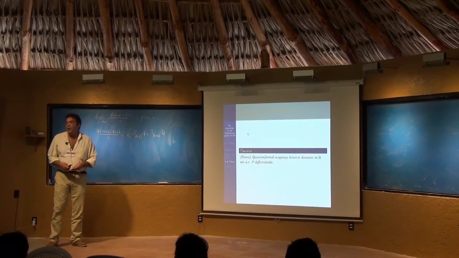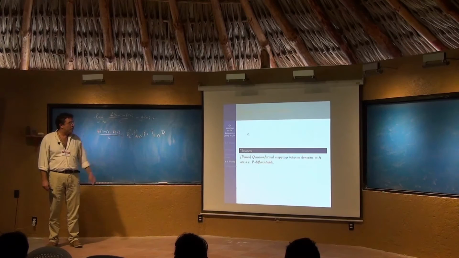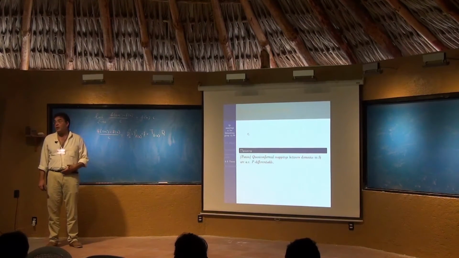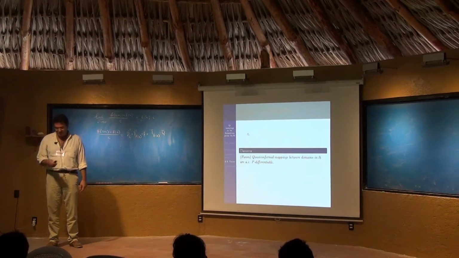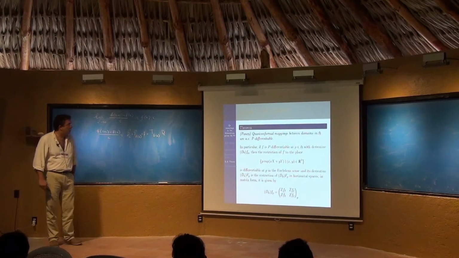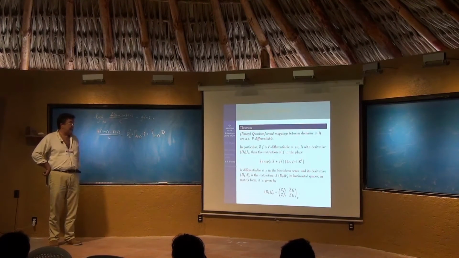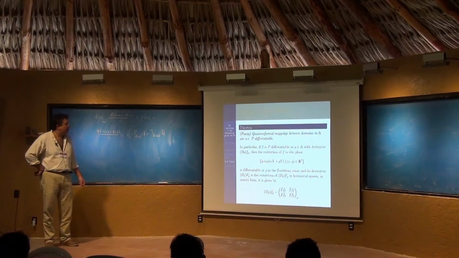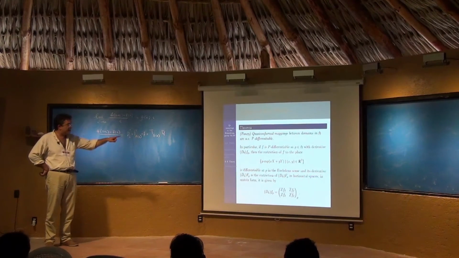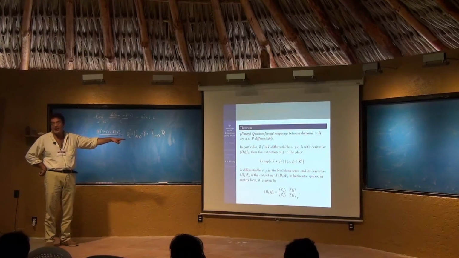Okay, and now you have the theorem due to Pansu. Quasi-conformal mappings between domains in H are almost everywhere P-differentiable. Starting from the metric definition, you get to this theorem, and this is in Pansu's thesis, 1974. In particular, if it is P-differentiable at some point of the Heisenberg group, and the derivative is D_0, then the restriction to this plane is differentiable at P in the Euclidean sense.